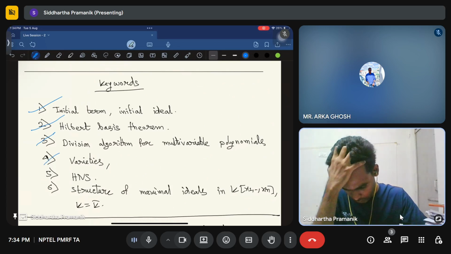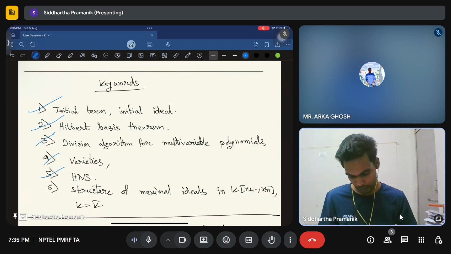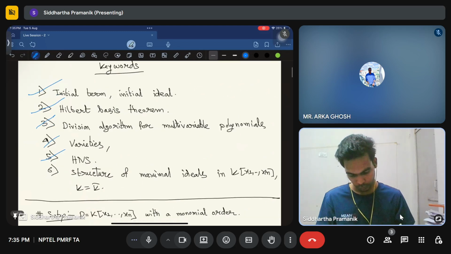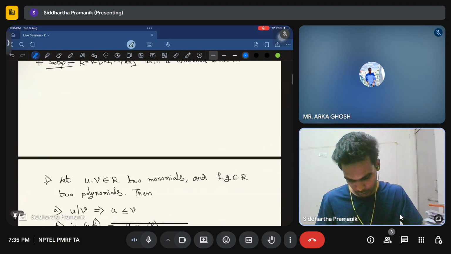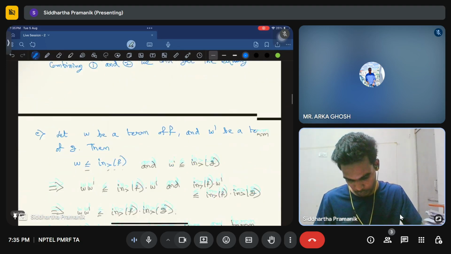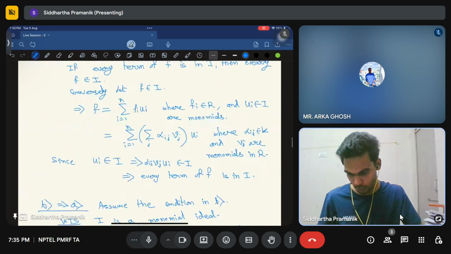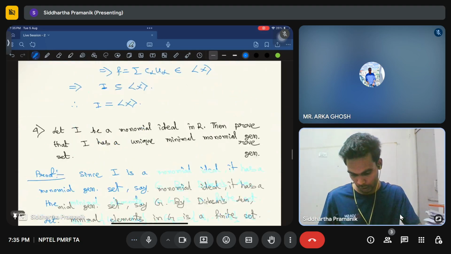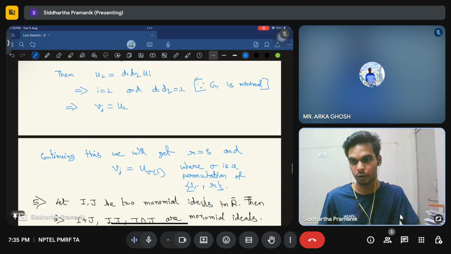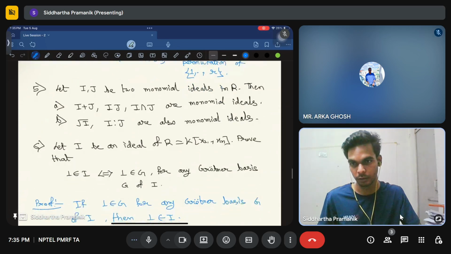Nullstellensatz also I have used. And the structure of maximal ideals also we have seen. So I think I have covered all the parts. If there is no doubt, then I will stop today, or if you have any doubt, you can ask me.